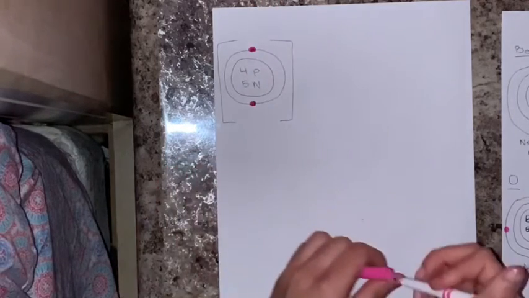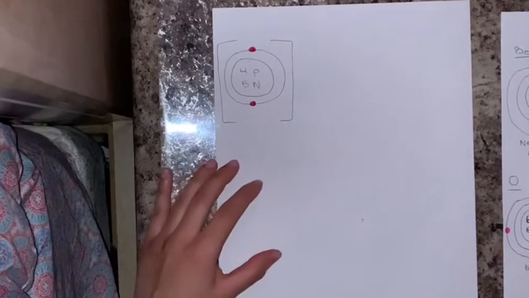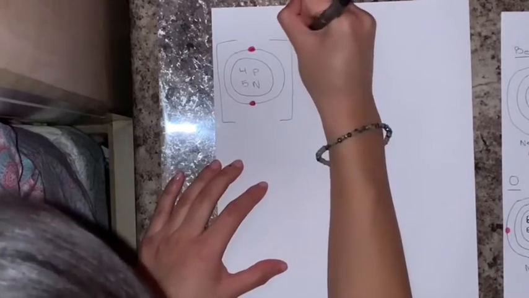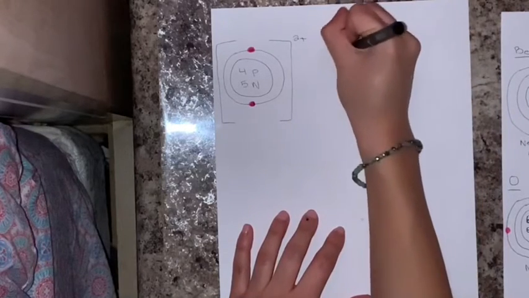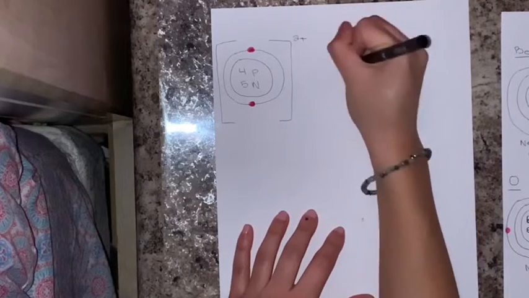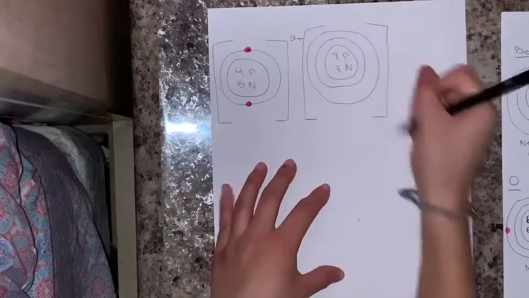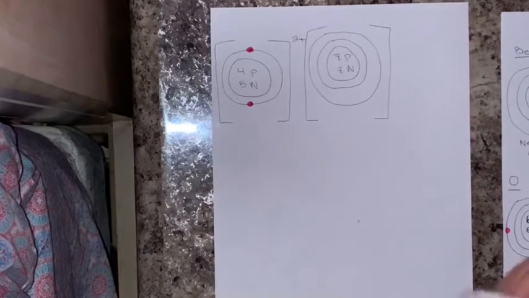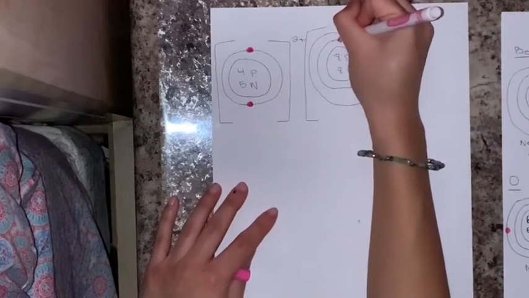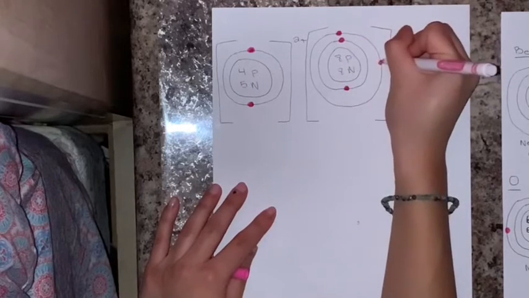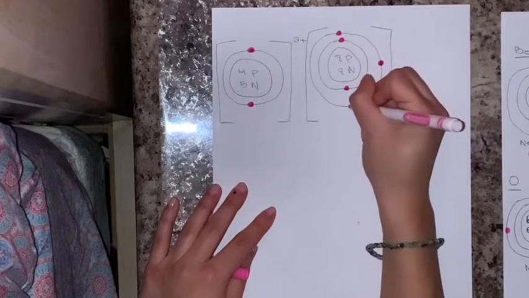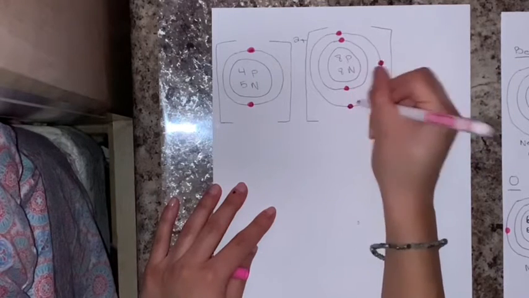And I'm going to draw oxygen's ion next to beryllium's ion to form an ionic compound. And we're writing the charge as well. And so these two attract each other because they have oppositely charged ions.